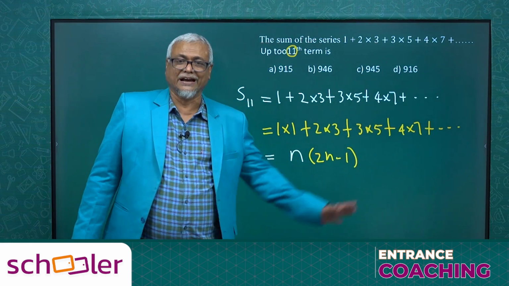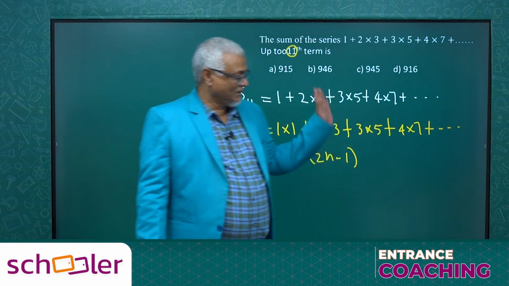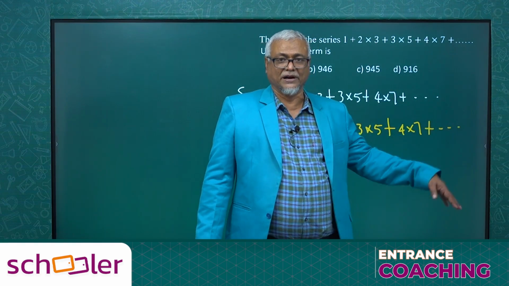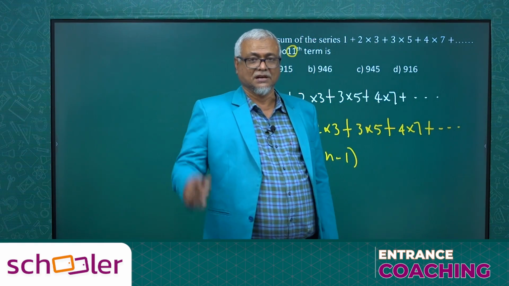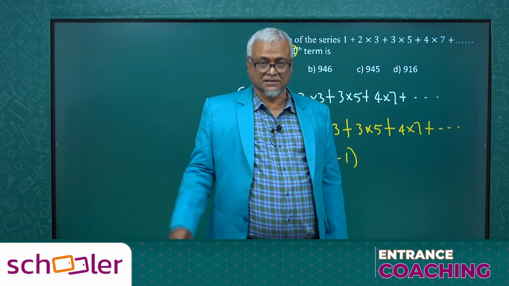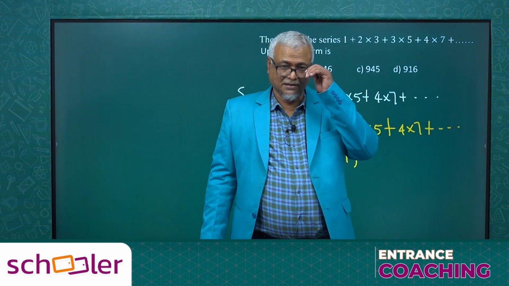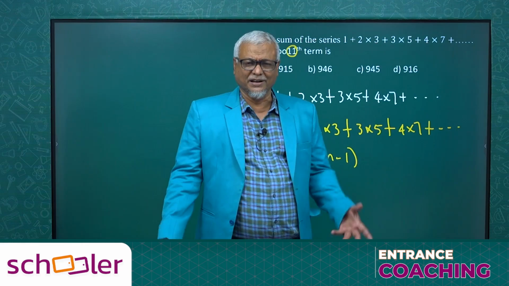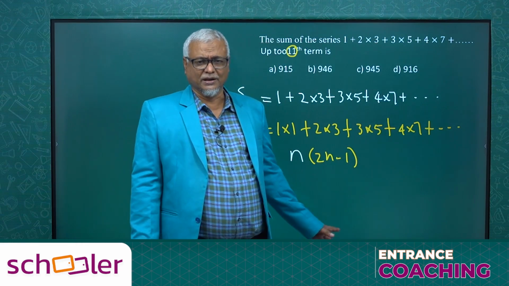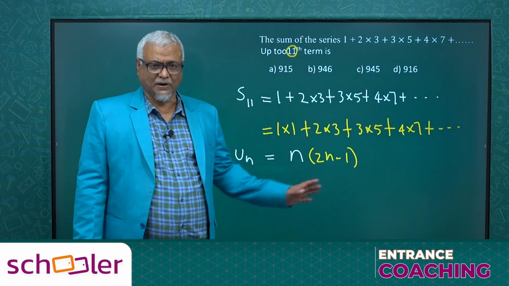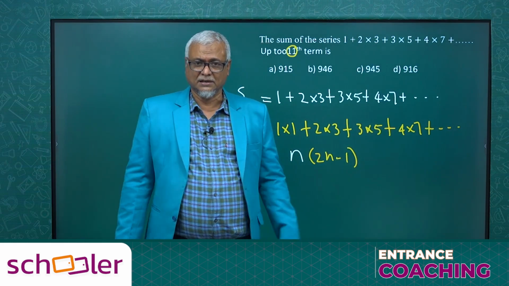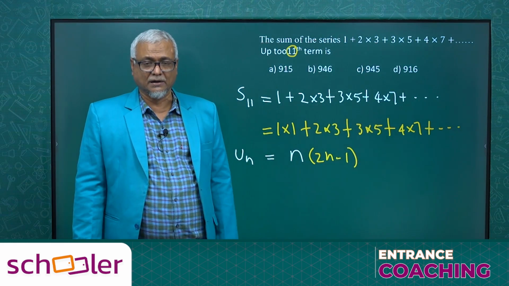If you don't write this easily, you can go on the right side and find the sum of n terms of the series 1 plus 3 plus 5 plus 7, etc. Use the formula from AP. Okay, no need of that. Everybody knows odd natural numbers 1, 3, 5, 7, etc. We write that as 2n minus 1.